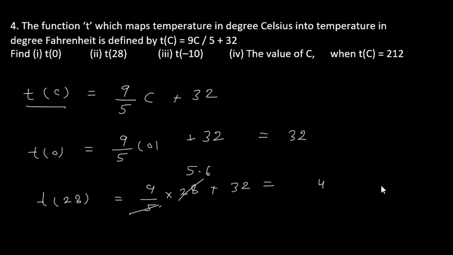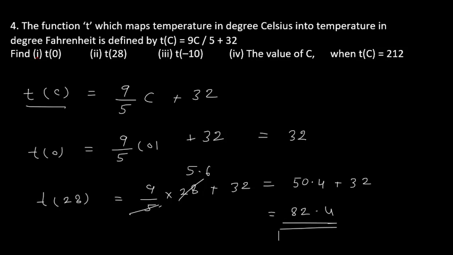So this is 50.4 plus 32. This gives me the value 82.4. This is T(28).